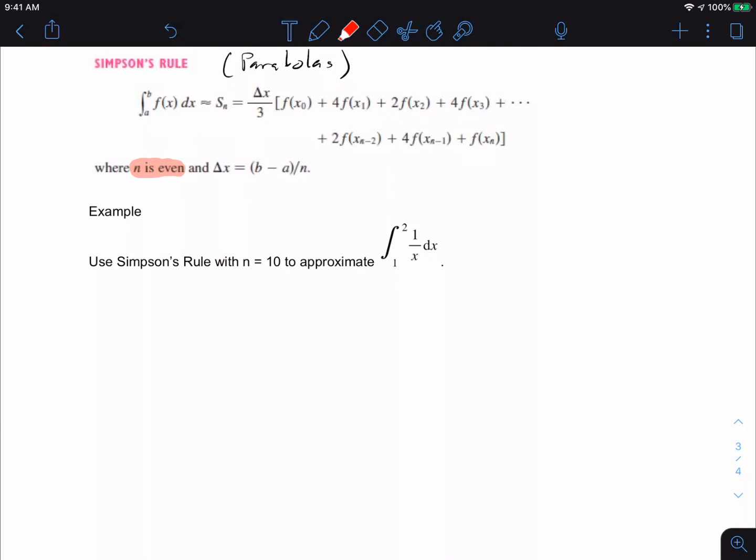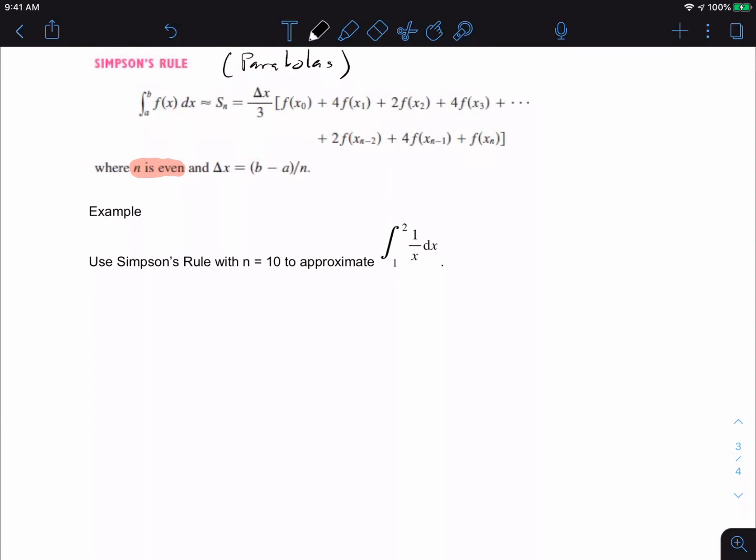I'm sure that has something to do with it being a parabola. Parabolas have an even power, but I'm sure somehow, some way that's involved. But remember that n must be even.